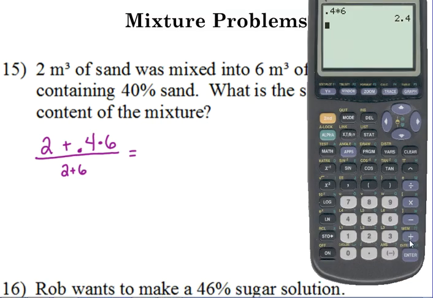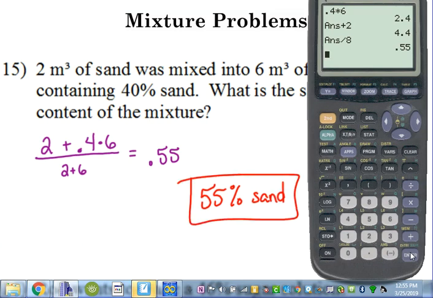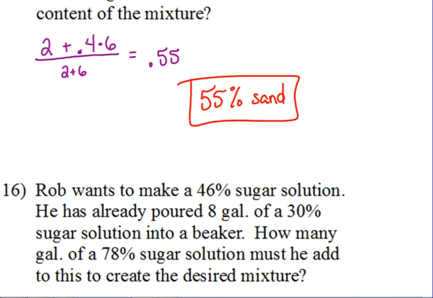Okay, so we've got 2.4 plus 2 out of, so 4.4 cubic meters of sand out of the total 8 is 0.55. So this is 55% sand. Okay, so what you're doing is you're figuring out, well, how much sand do I have out of my total mixture? Okay, part out of the whole, essentially.